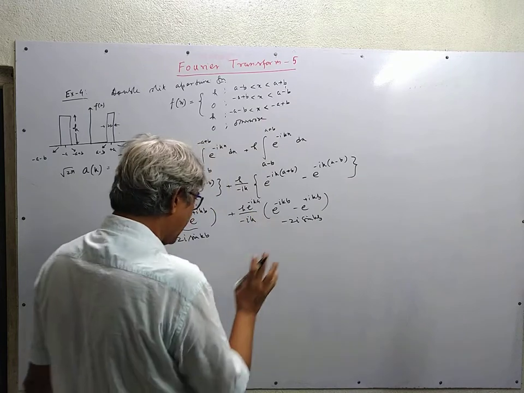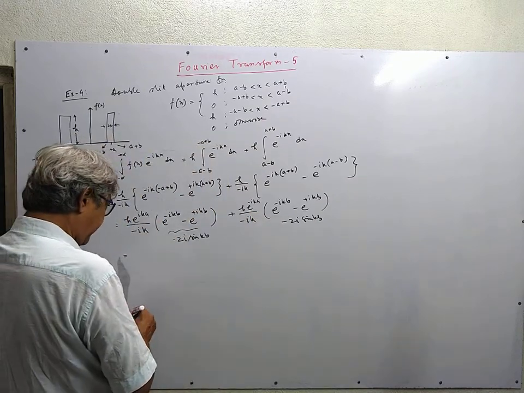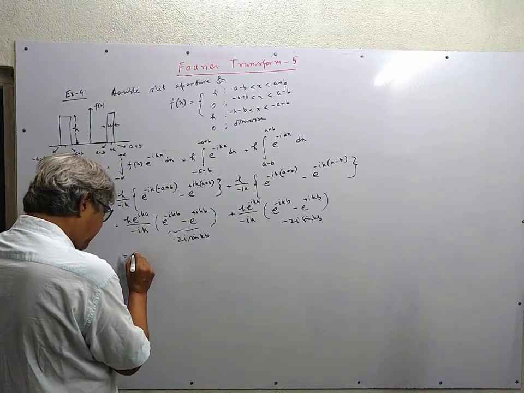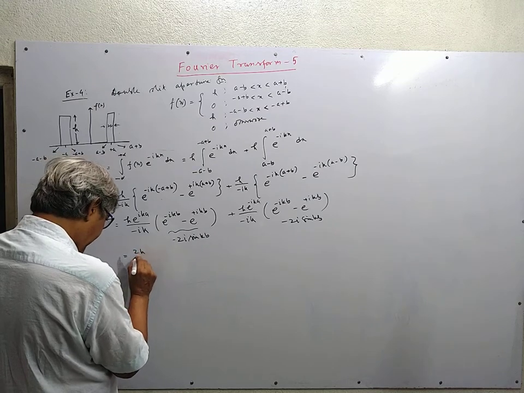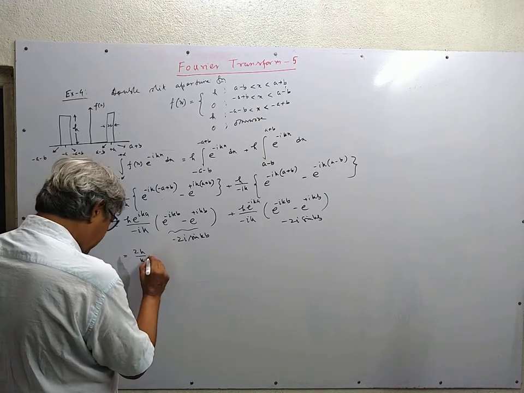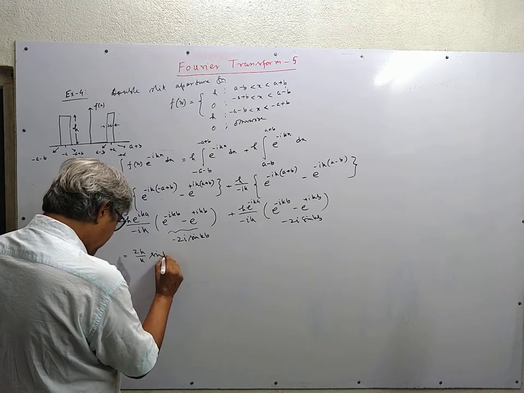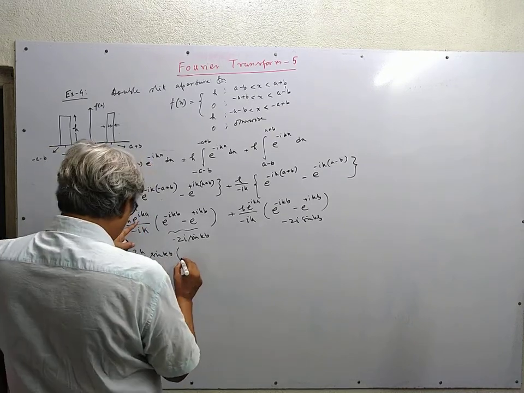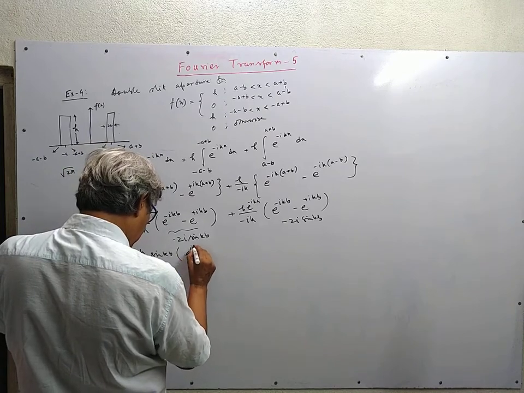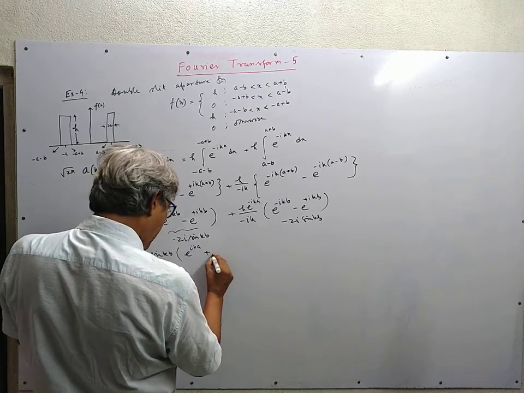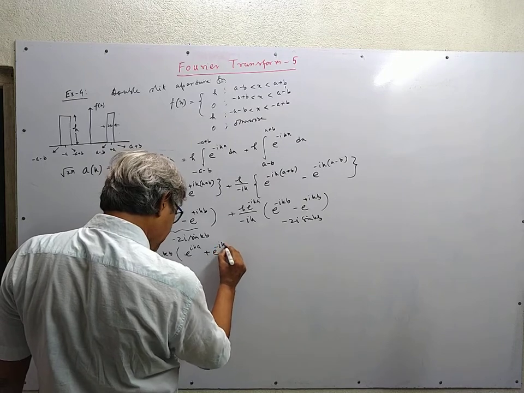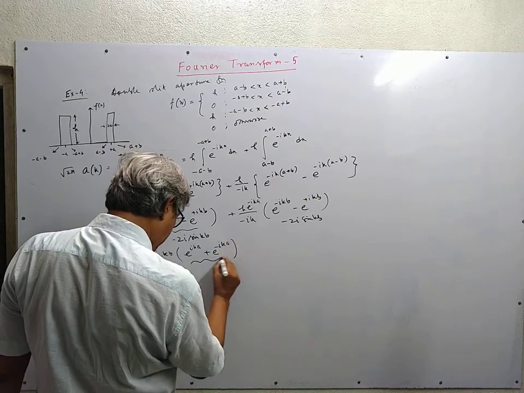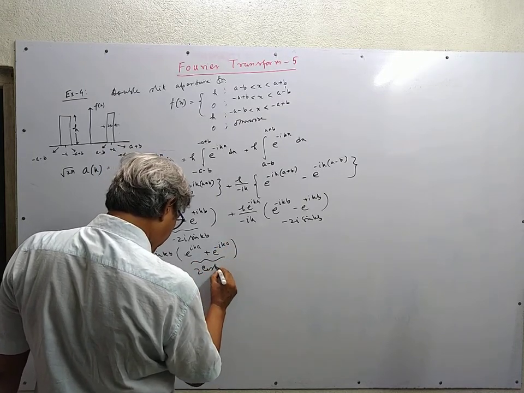So the minus sign and i we are getting rid of, and so we are left with twice h by k sin kb times e to the power ika plus e to the power minus ika, which is equal to 2 cos ka.